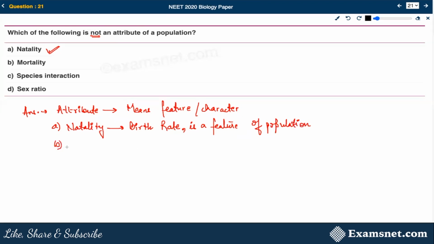Then the second option is mortality. So mortality is also a feature of population. Mortality is called death rate. So this is also an attribute of population.